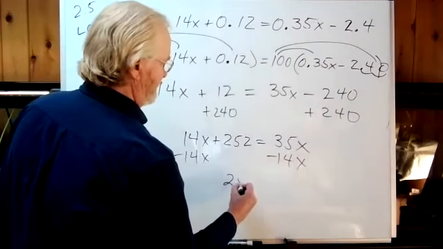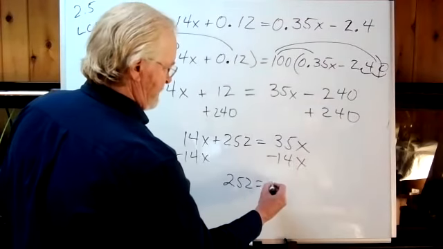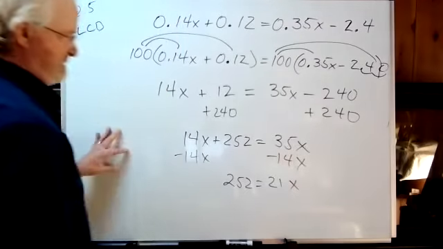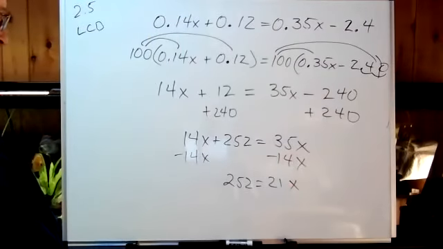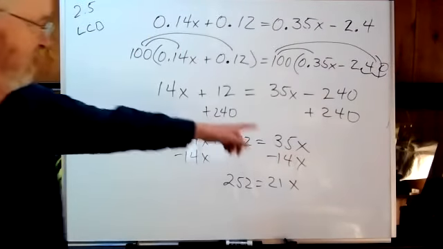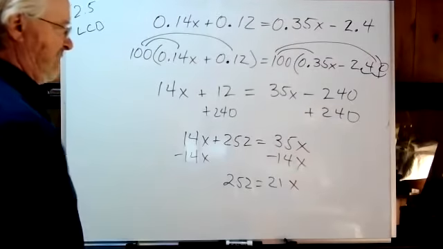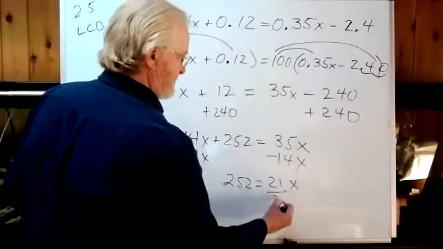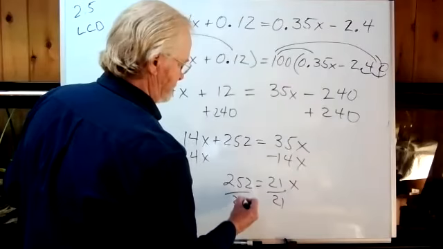So 252 is 21x. Is that right? Did my arithmetic there, right? So dividing, yeah, the x's happen to be on that side. Divide by 21.